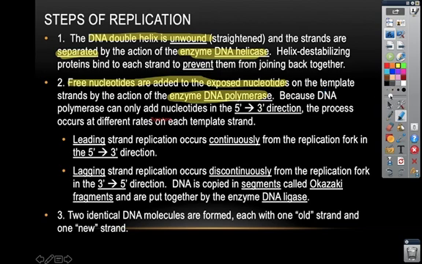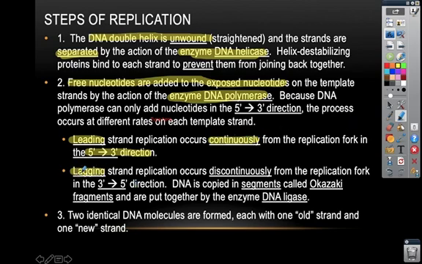Now, make sure that you know that the speed of replication differs based upon which strand is being replicated. So when a leading strand is being built, it's being built in the 5 to 3 direction, and it occurs continuously. So it's going to be fast.